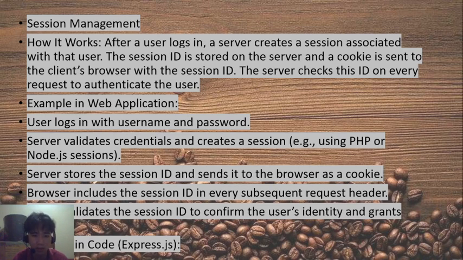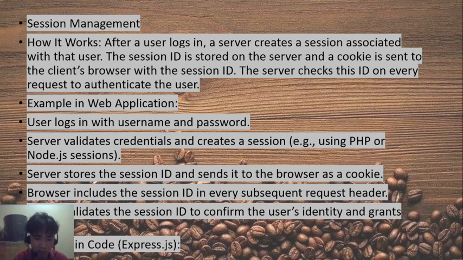After a user logs in, the server creates a session associated with that user. The session ID is stored on the server and a cookie is sent to the client's browser with the session ID. The server checks this ID on every request to authenticate the user. Example in a web application: the user logs in with username and password.